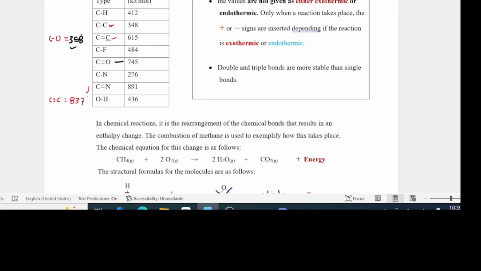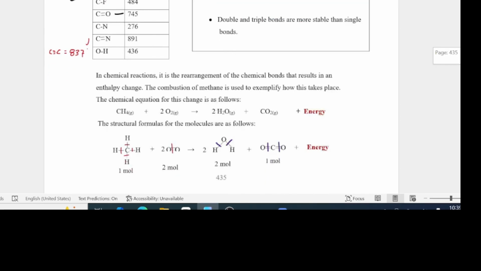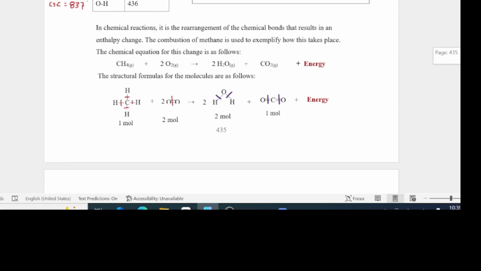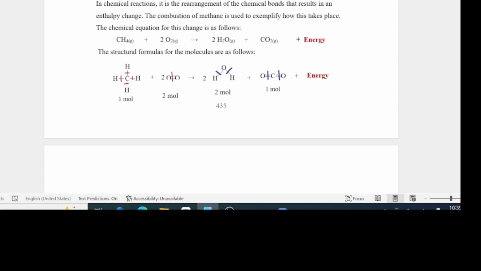Now we can show how a difference in bond energy between reactants and products can be used to calculate the enthalpy change of a reaction. The reaction we were talking about here is the burning of methane in oxygen. When methane burns in oxygen, it produces water and carbon dioxide along with energy.